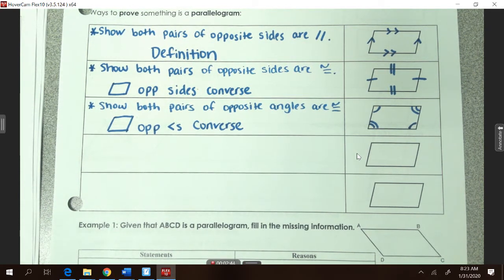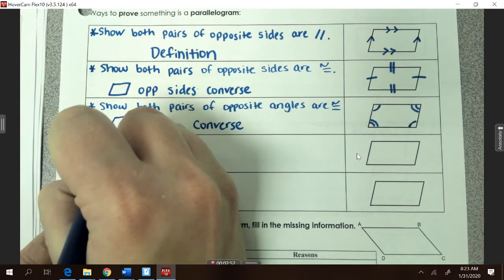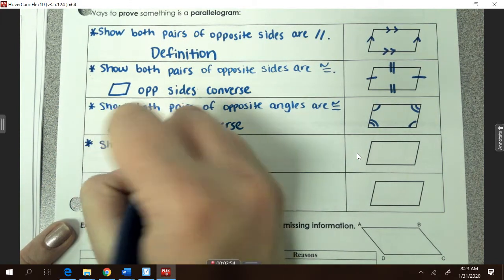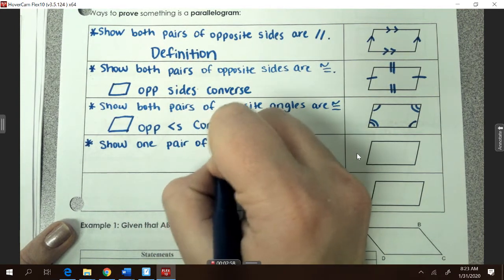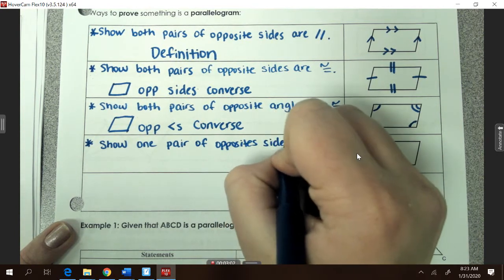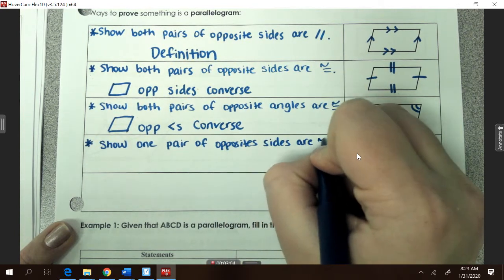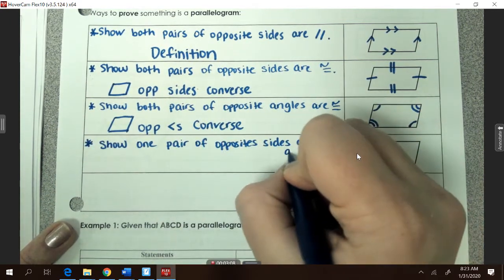The next way is to show that one pair of opposite sides are congruent and parallel. So I'll put show that one pair of opposite sides are congruent. Where do I want to write it? I'll write it over here.